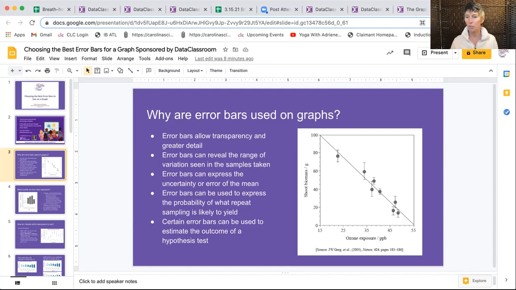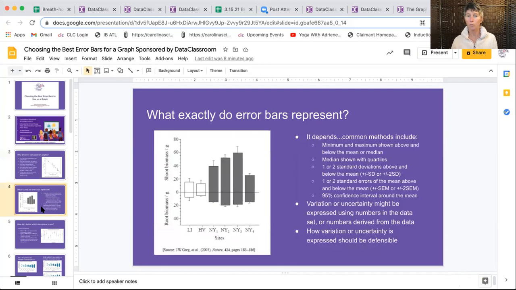And that type of transparency allows them to make their own decisions about what conclusions they would make from the data that are presented. But also, if we use certain error bars, we can use those error bars as predictors for the possible outcome of a hypothesis test, such as whether there's a significant difference between two sample groups.